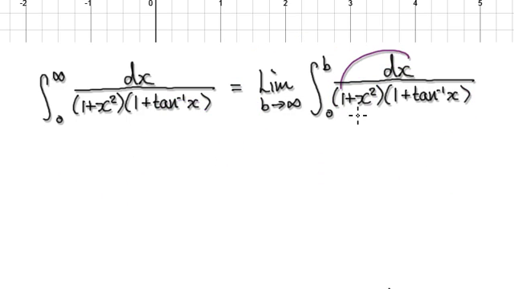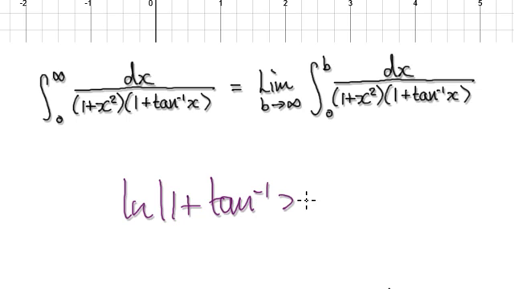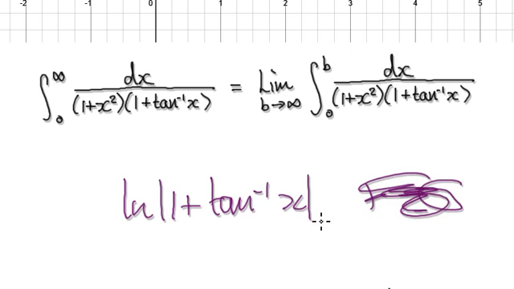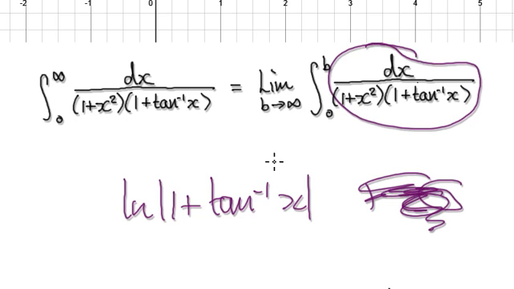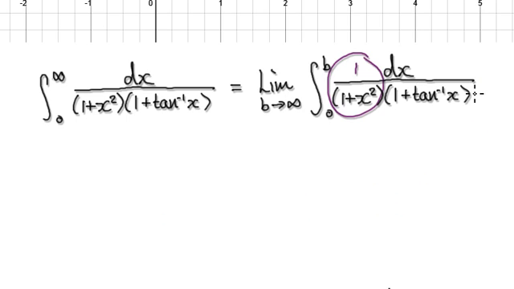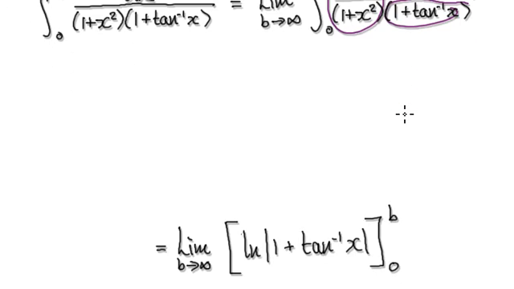So to integrate this, it would be natural log absolute value of 1 plus inverse tan of x plus c, but we don't really care about the c because we're doing definite integrals. You could use substitution, but learn to recognize that this is the exact derivative of that, so integrate it straight away. That will take you to here.